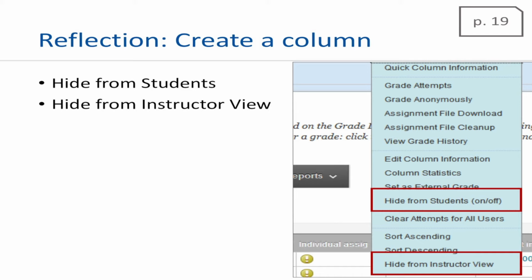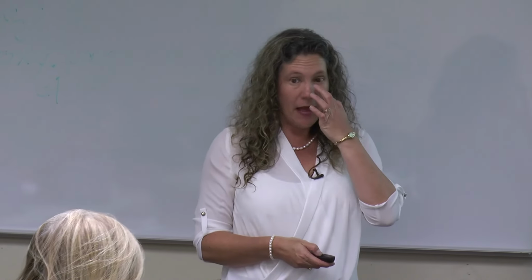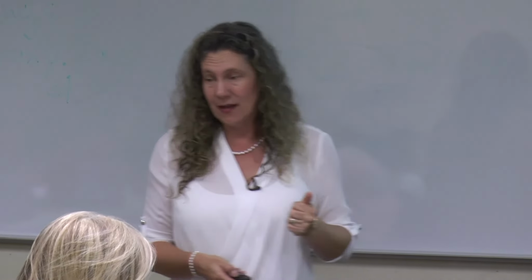First of all, you have hide from students. That would basically hide the column so that the students won't see it. And the next one is to hide it from your view as an instructor. But be careful with that. If you hide it from your view, but it's not hidden from the students, they can still see it, although you can't see it.